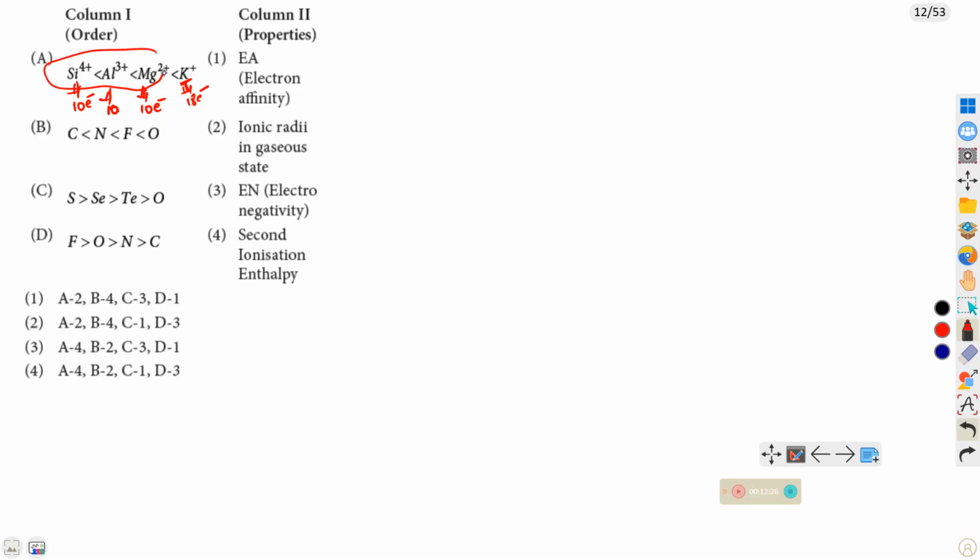These three are isoelectronic species. In the case of isoelectronic species, the nuclear charge is inversely proportional to its ionic size. The given order is the correct order for ionic radii in the gaseous state.